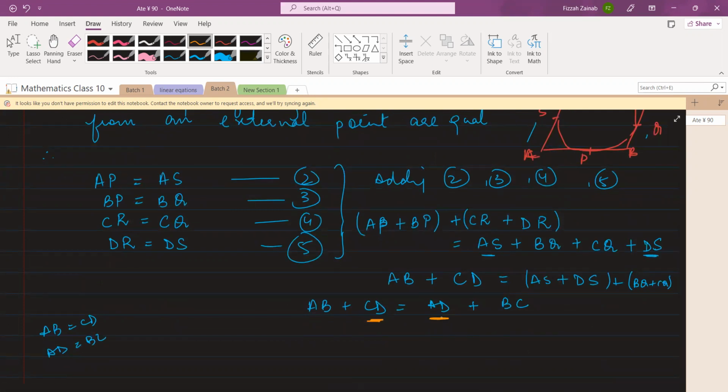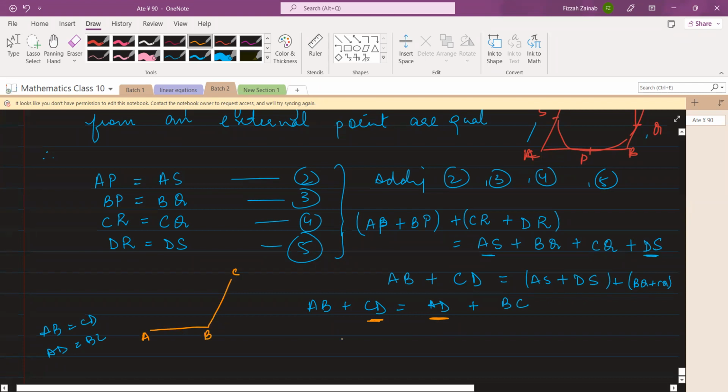Is that okay? Because I want adjacent sides, I'm just keeping this side and this side. This is AB and this is BC. The other things I'm replacing. So AB plus, in place of CD, I can again write AB, and in place of AD, I can write BC, plus BC.